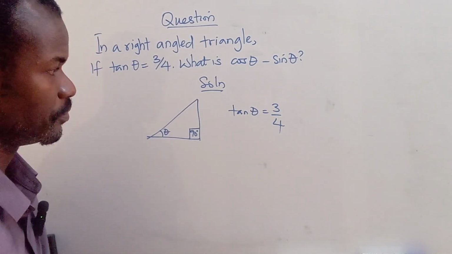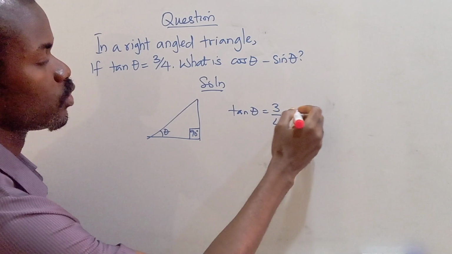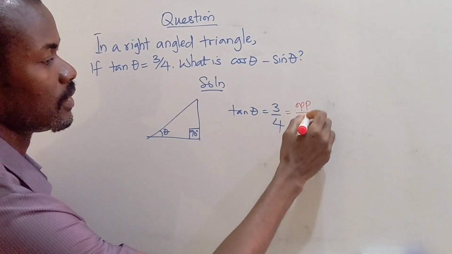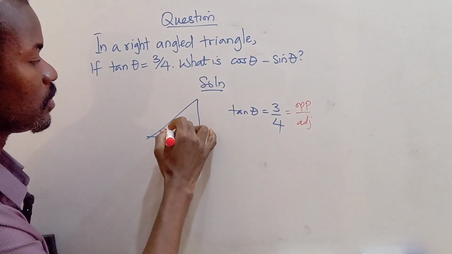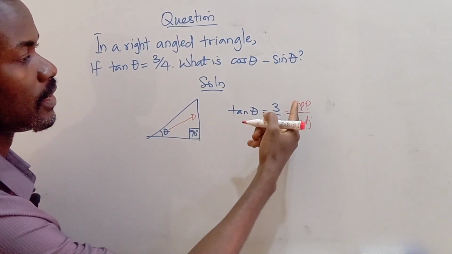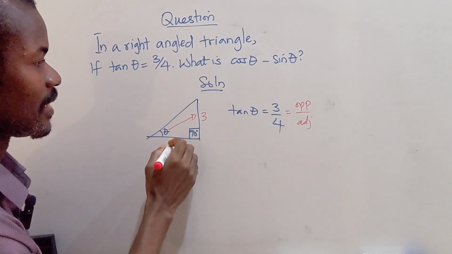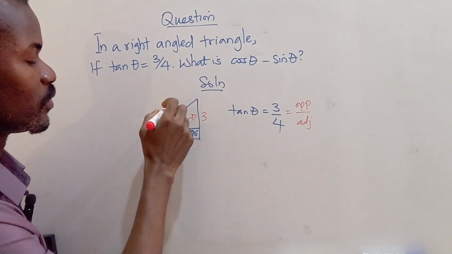And remember, tan means the opposite over the adjacent. So the opposite is 3, then the adjacent, which is this side, is 4. So we are meant to find what?